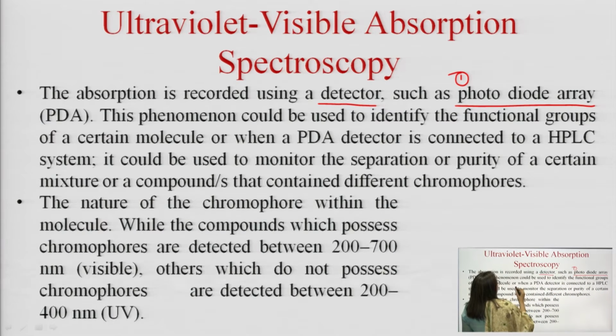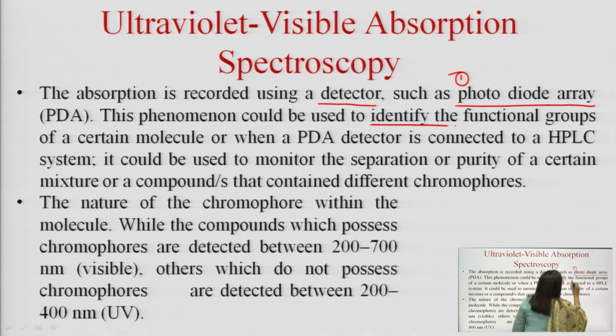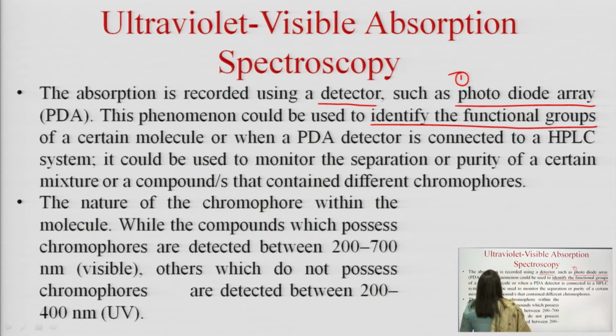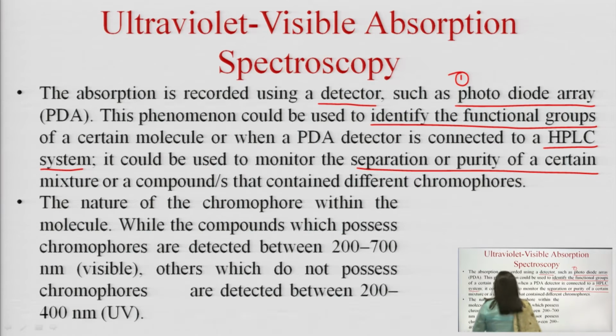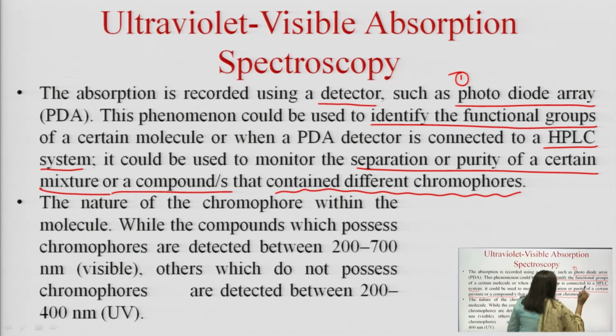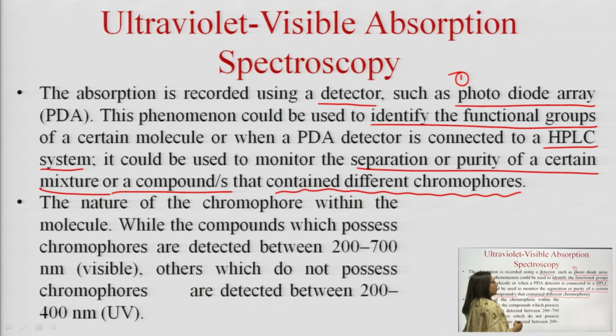This phenomenon could be used to identify various functional groups of certain molecules, or when the PDA detector is connected to an HPLC system, it could be used to monitor the separation or purity of certain mixtures or compounds that contain different chromophores, that is, the molecules having functional groups capable of giving certain color.